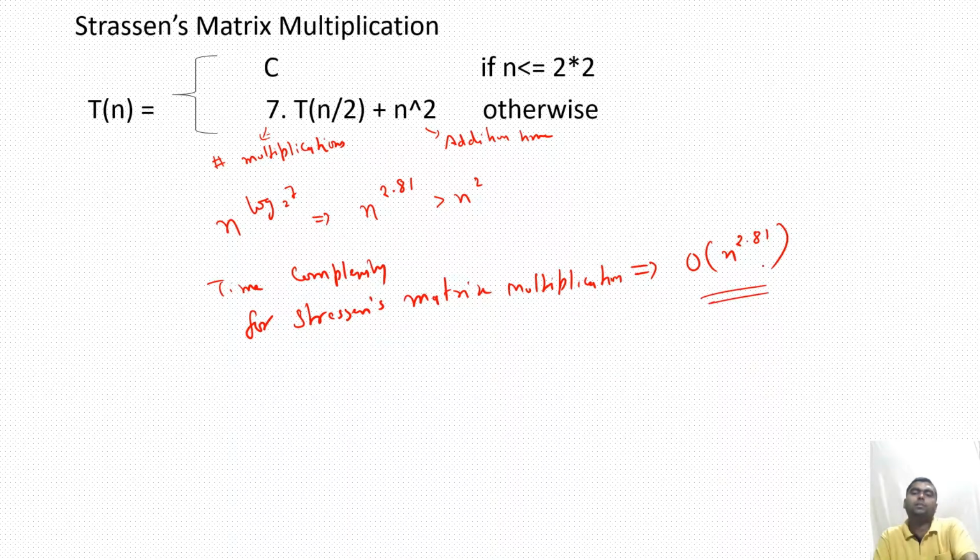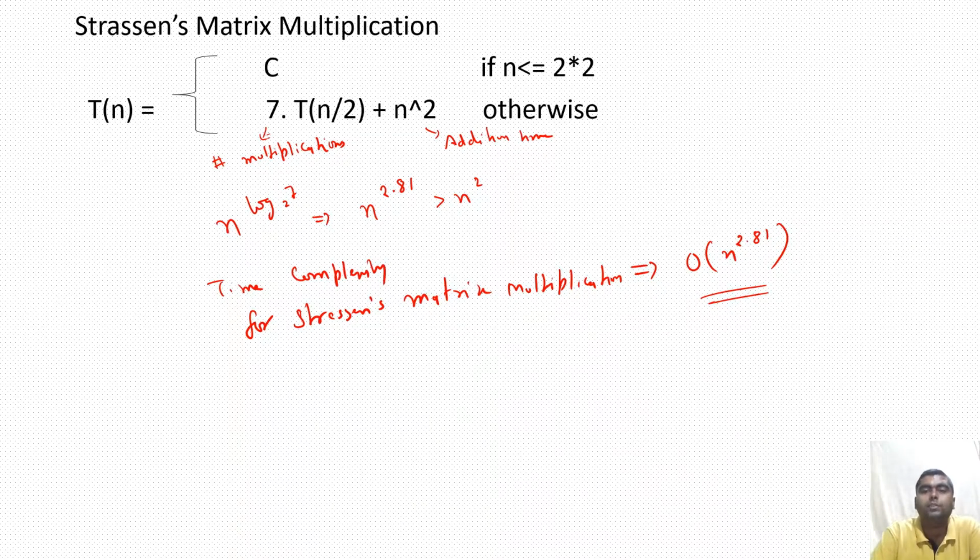This is very significant in terms of time complexity. So Strassen reduces the time complexity of the divide and conquer strategy for matrix multiplication from n raised to the power 3, or n³, to n raised to the power 2.8, which is significant asymptotically.